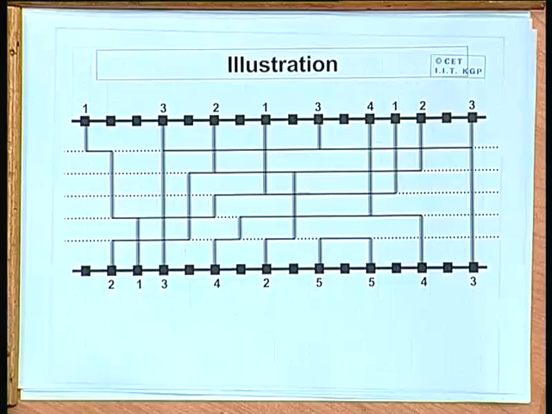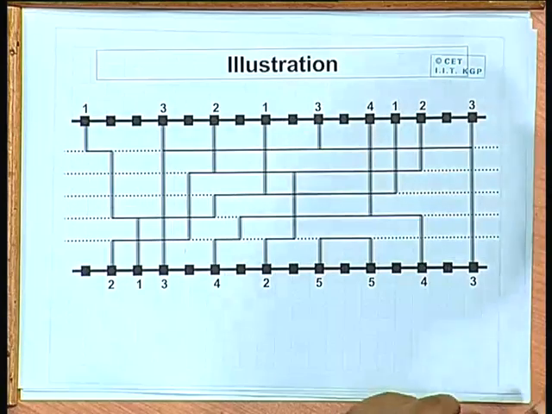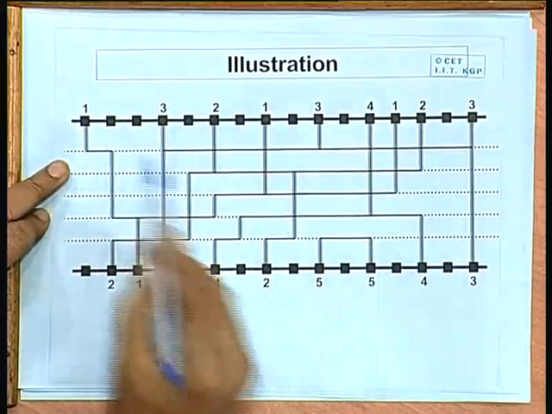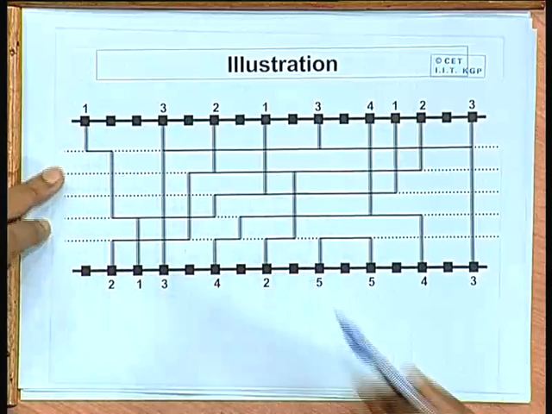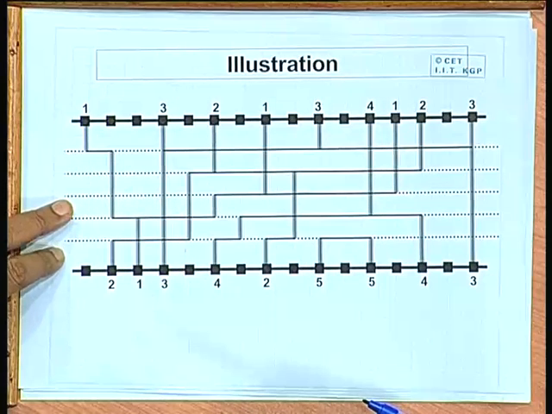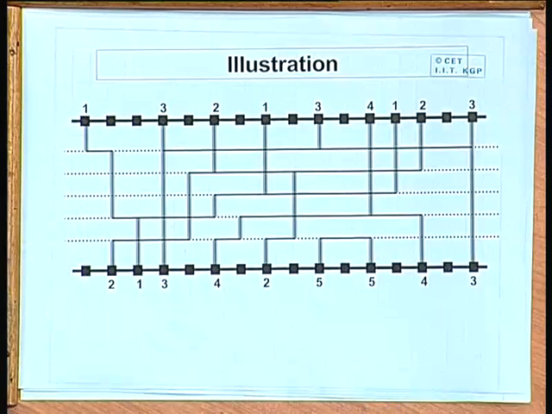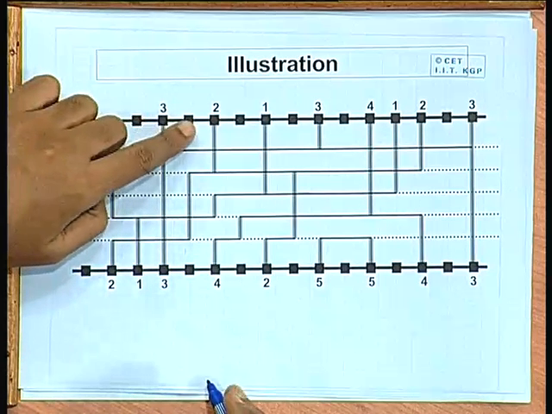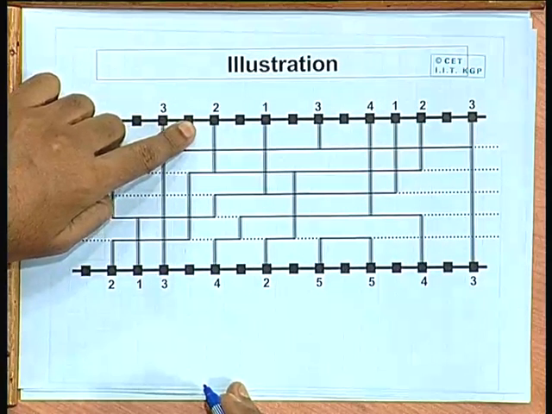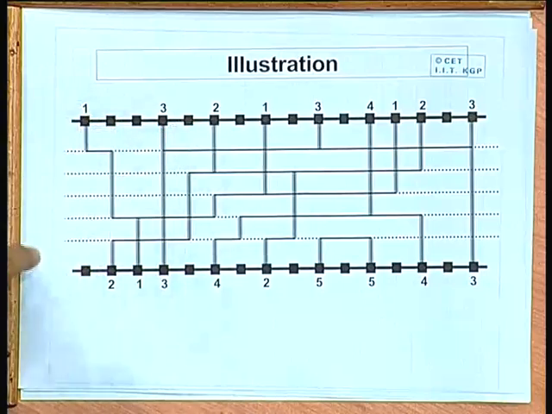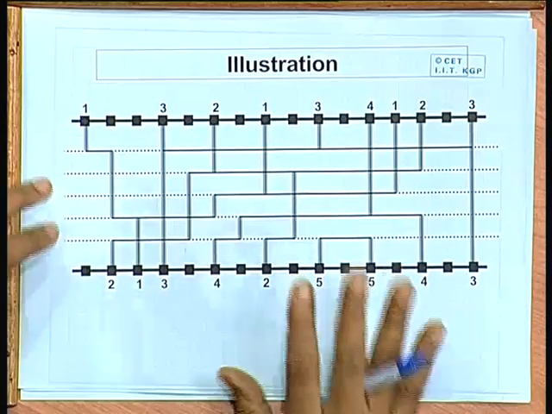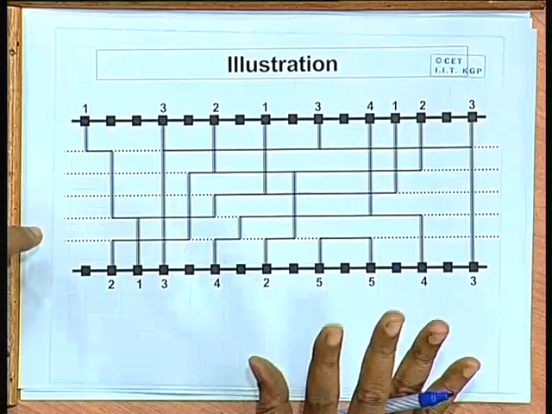So, you see here that in this solution the way we have proceeded, there are dog legs, there are so many nets which are split across multiple tracks. In fact, in this example, of course, there are no cycles in the VCG, but there can be cycles in the VCG also, which can be taken care of also.